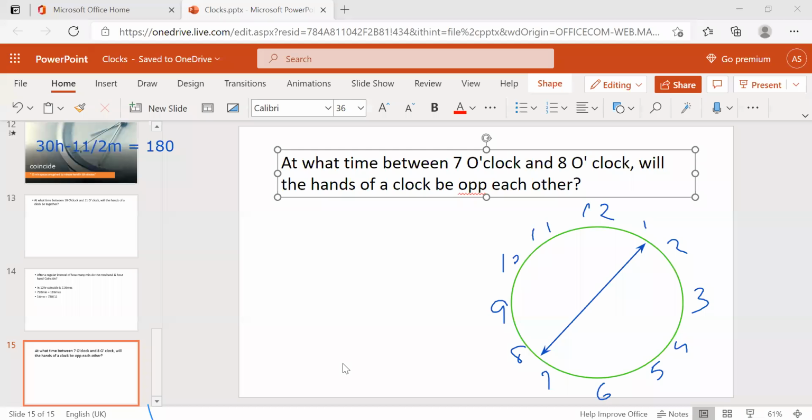Guys, now you just find out, what's the time between 7 o'clock and 8 o'clock when the hands of the clock will be opposite to each other? Same thing I am asking. Just before, in the previous question, 1 and 2, our hour hand was here and the minute hand was here, right?